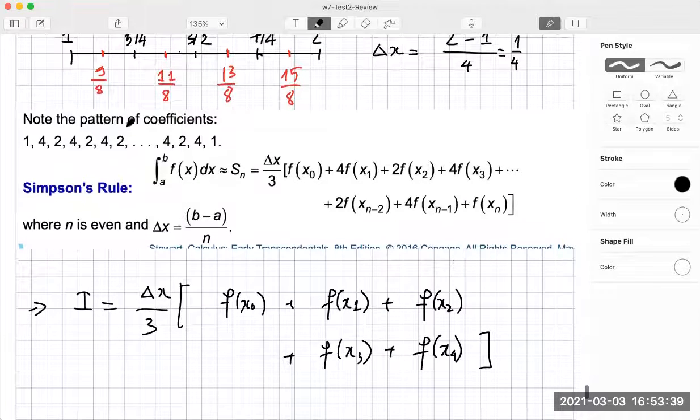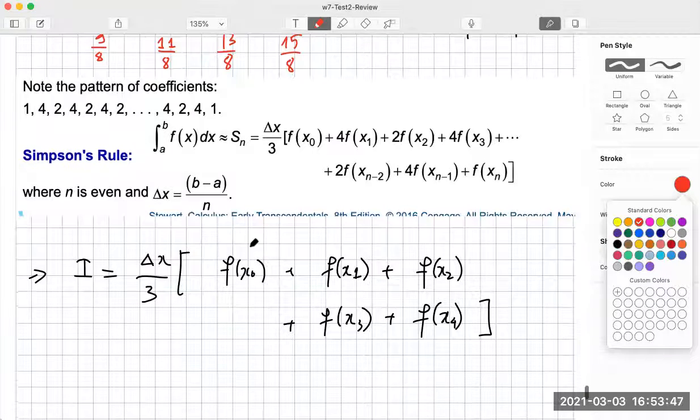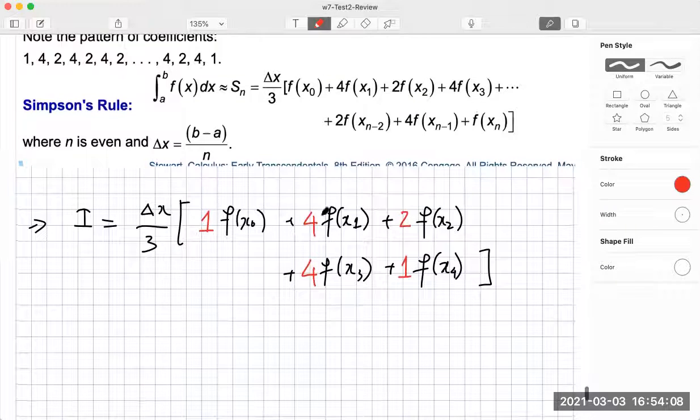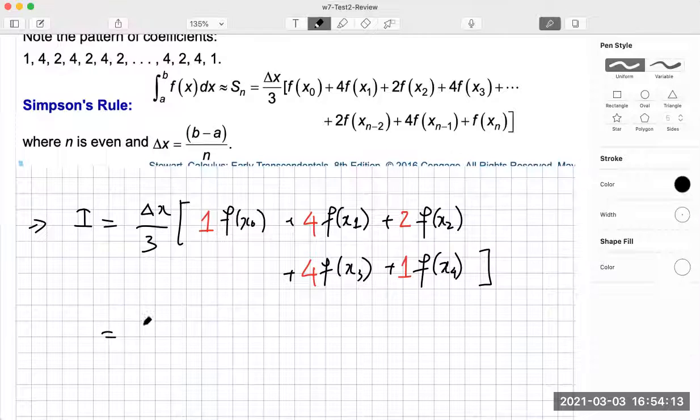And the coefficient will follow this rule. First one will be 1, and then 4 times this, 2 times this, 4 times this, and the last one will be 1. Okay, just this order, this rule. Now substitute here. What do we have?